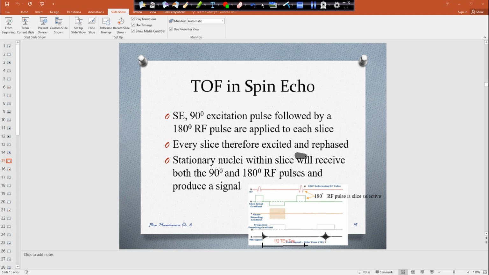But then our other half of tau is from 180 to peak echo. So this is once again 1/2 TE, this tau. All right?